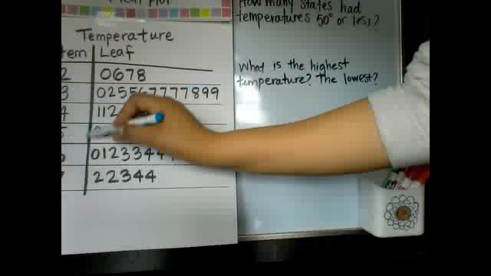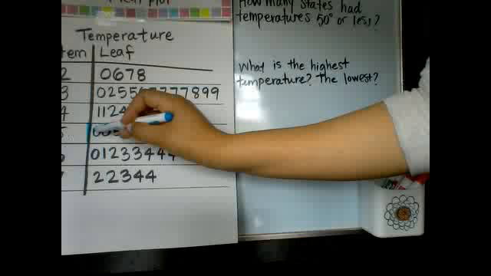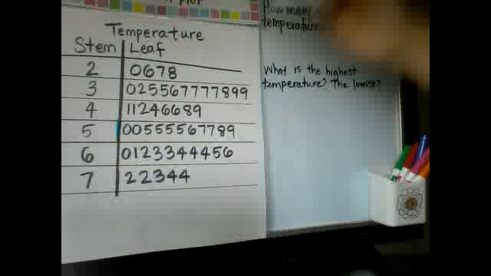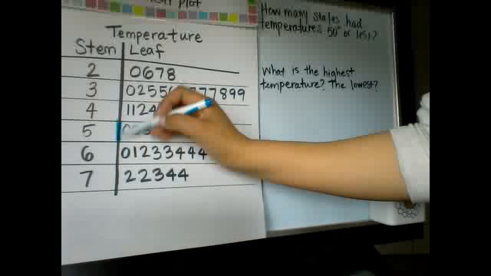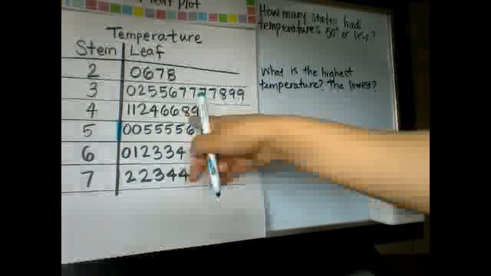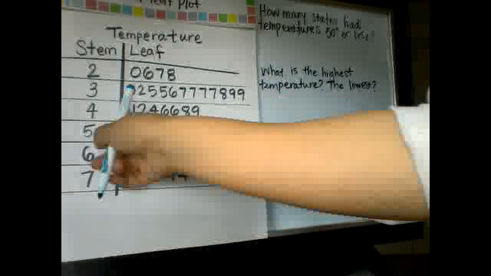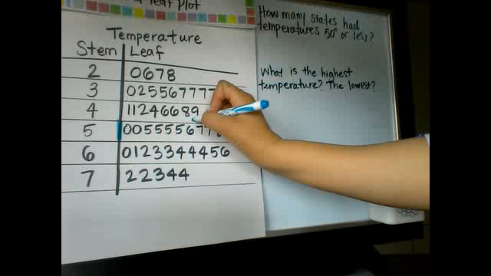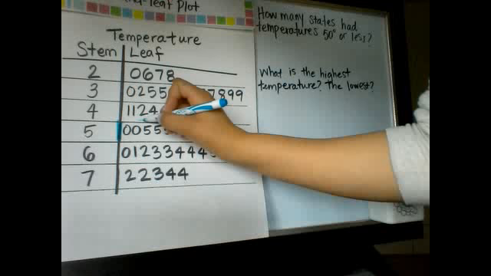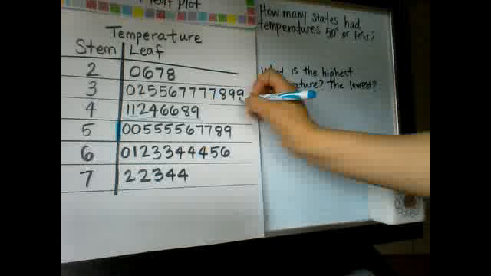So here is the 50 mark, but we want less than 50, so we are going to choose 49 on. Okay. So that means that's 49, 48, 46, 46, 44, 42, 41, 41, 39, 39, and so on.